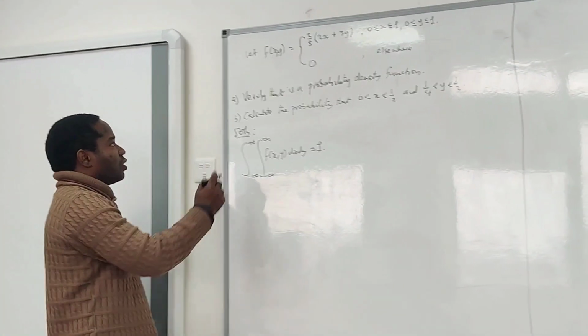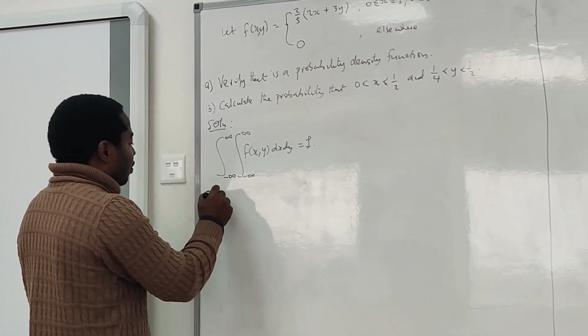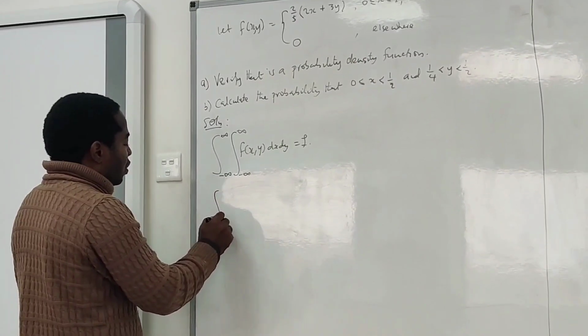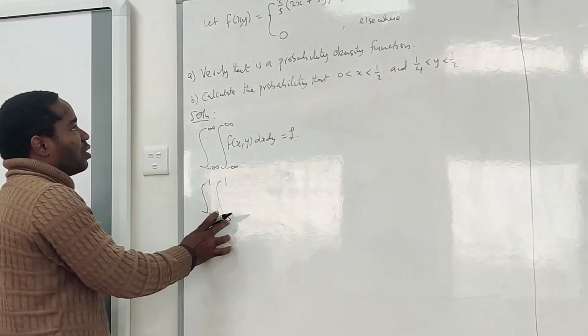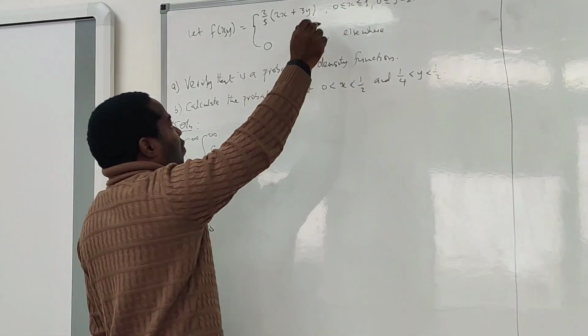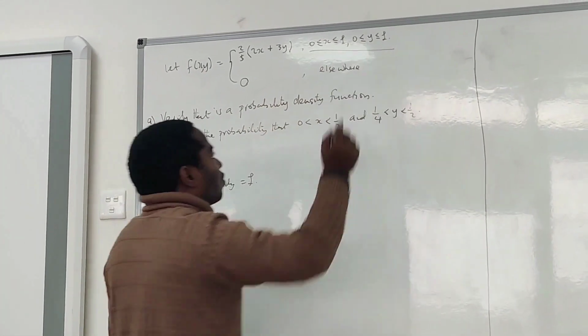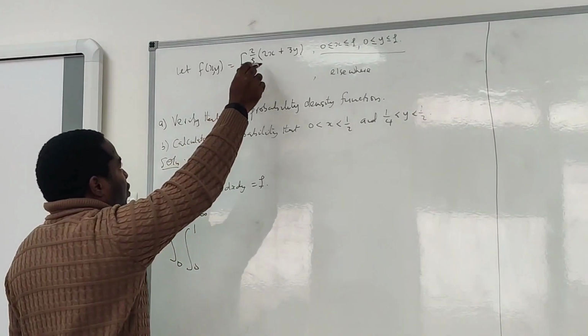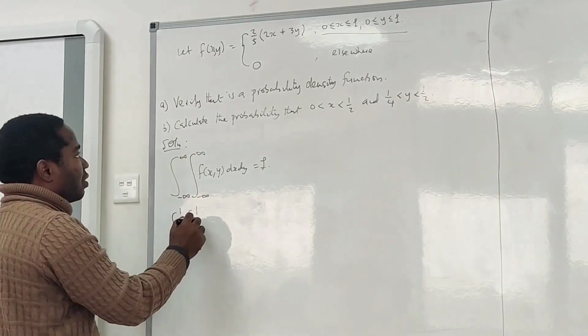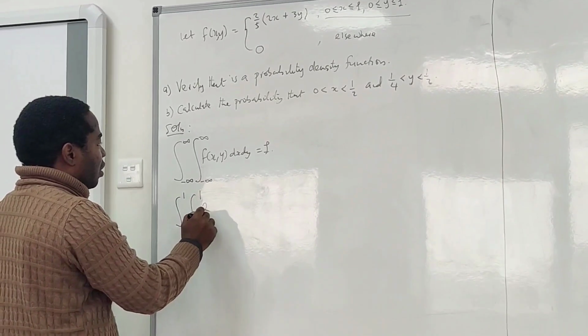So we can substitute into these integrals. We have from 0 to 1, from 0 to 1, based on the intervals given here, and this is the density function itself. So we substitute the density function into the integral sign.